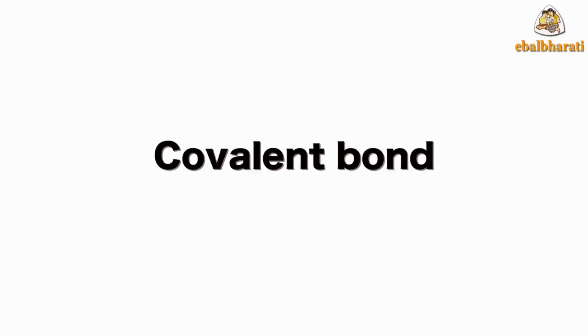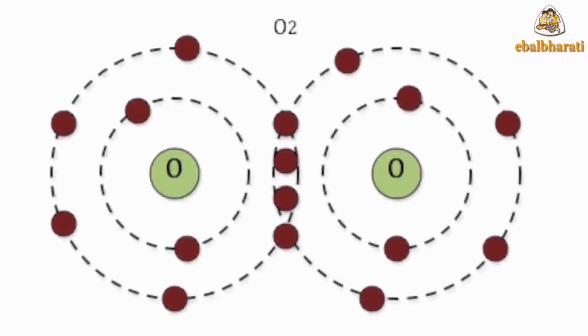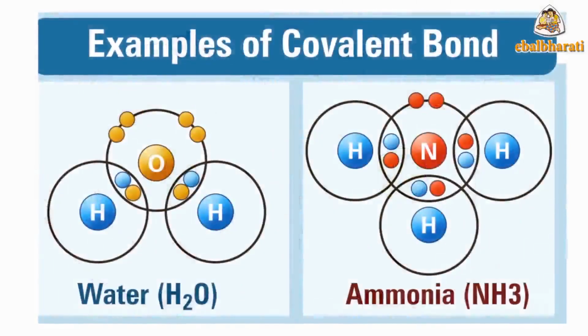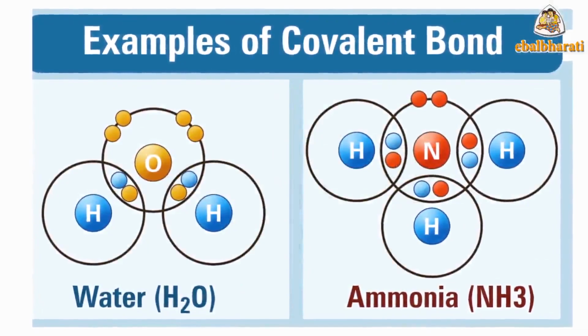Covalent bonds. In 1919, Lewis suggested that there are atoms which attain inert gas configuration by sharing one or more electron pairs with similar or dissimilar atoms.